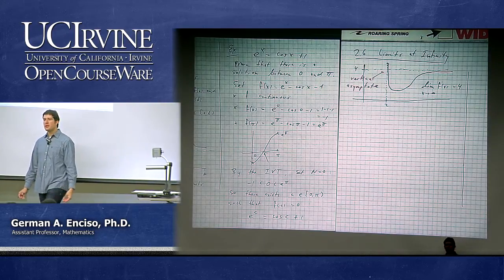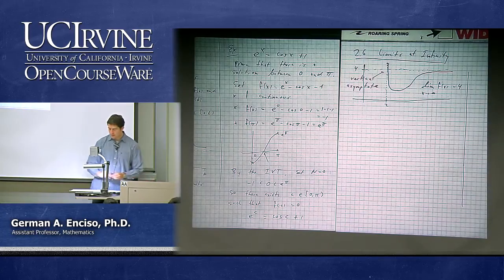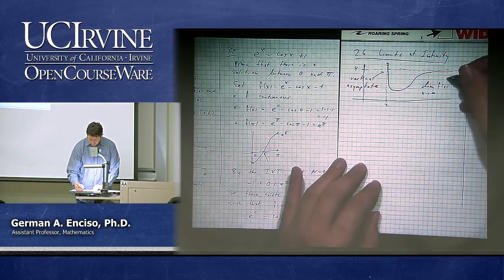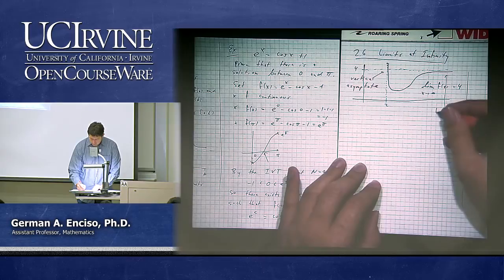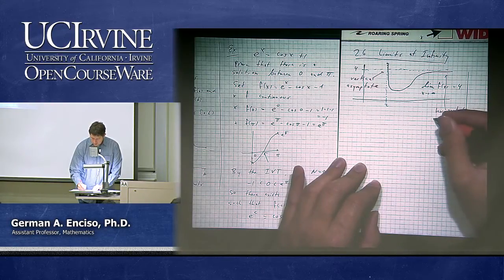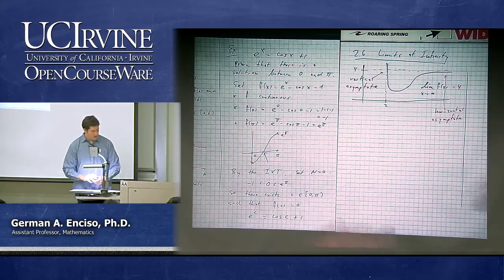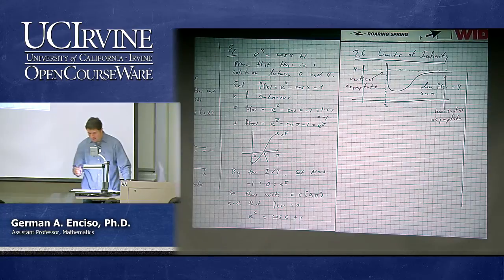It's pretty much the same idea as before. This thing is called a horizontal asymptote. Once again, the name doesn't even make sense in Greek.